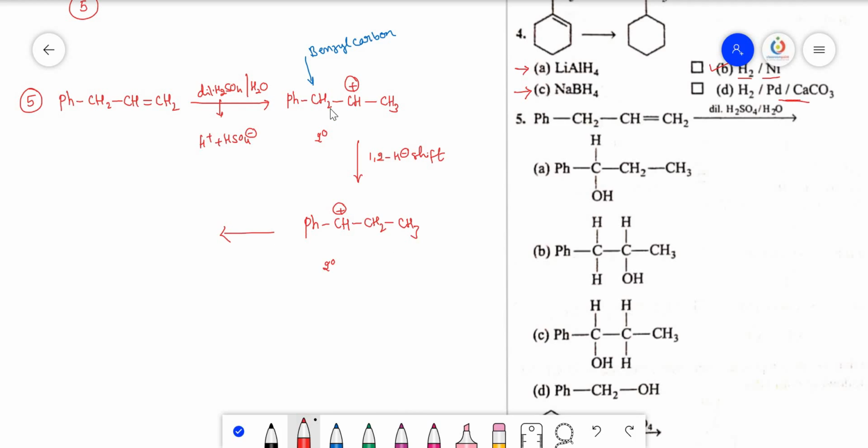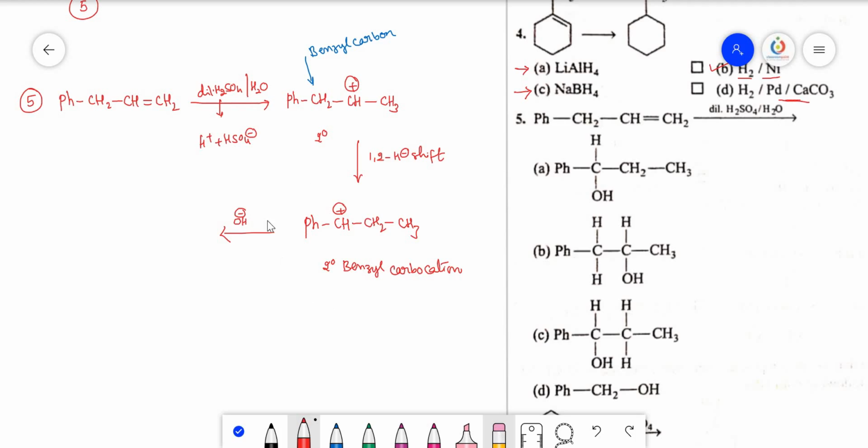This is also a secondary carbocation like the earlier one, but this is a secondary benzyl carbocation. So the secondary benzyl carbocation is more stable than the normal secondary carbocation. So now what happens is OH- attacks. Actually HSO4- attacks over here.